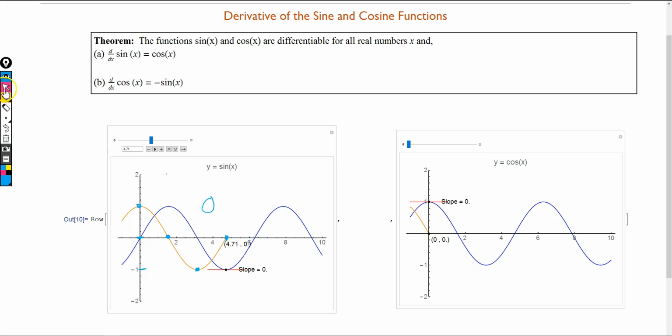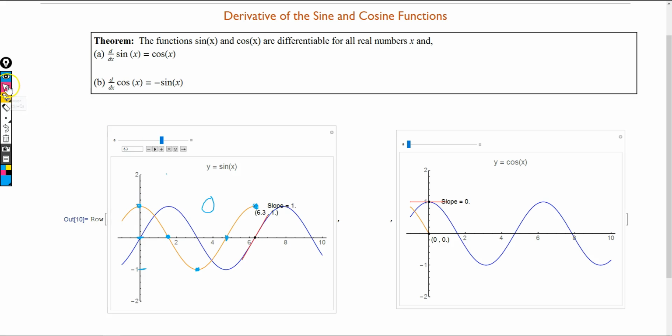Alright. Now let's continue. Let's go to our next point of interest. That would be right over here. Right there, you see our slope is currently 1. And so we would plot 1 right there. We would plot that point. Notice that has a y-coordinate of 1.